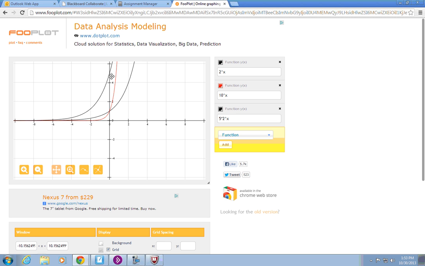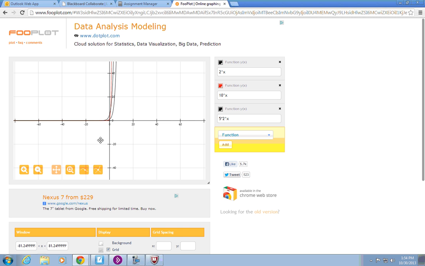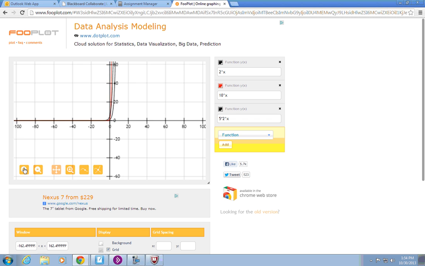When you just multiplied by 5, your y-intercept got multiplied by 5 as well. It was 1, now it's 5. While 10 to the x is different, right? 10 to the x still goes through 0, 1. And you see 10 to the x will outperform 5 times 2 to the x eventually. See that? It goes up much steeper.